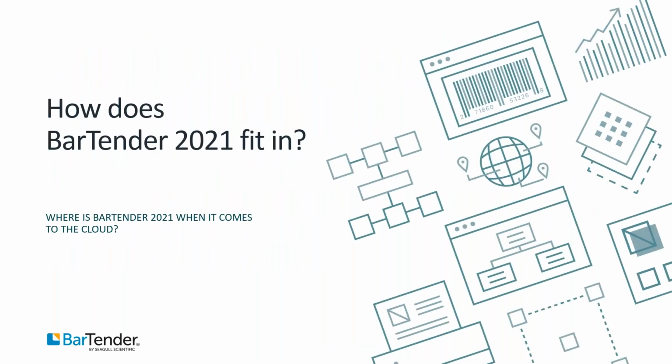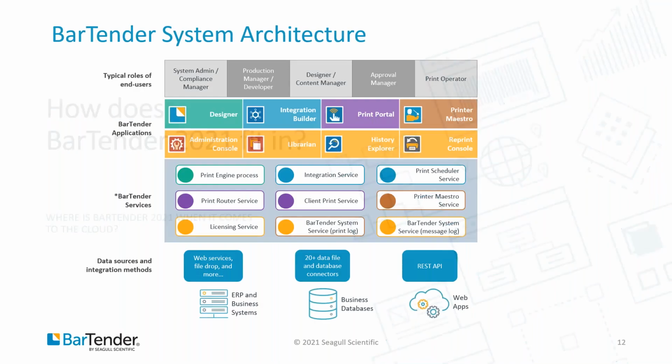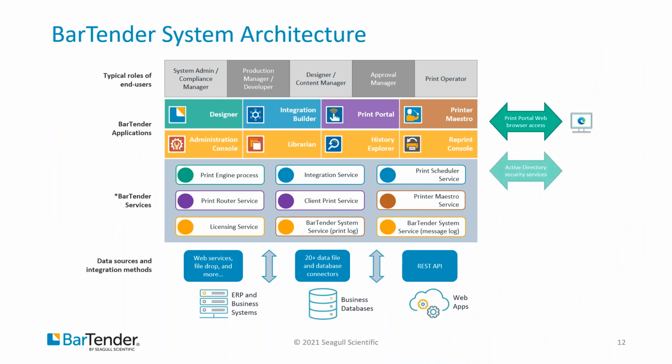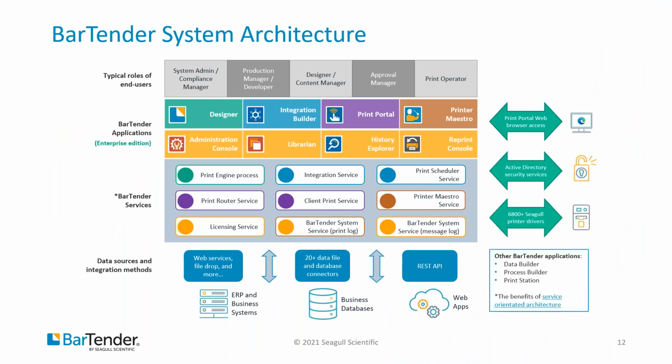Of course, now we come to the million-dollar question. How does BarTender 2021, which is the current version of BarTender, fit in when it comes to the cloud? So let's take a look. Well, first, we're going to look at the system architecture of BarTender. So in this diagram, we can see at the top some typical roles of end users.